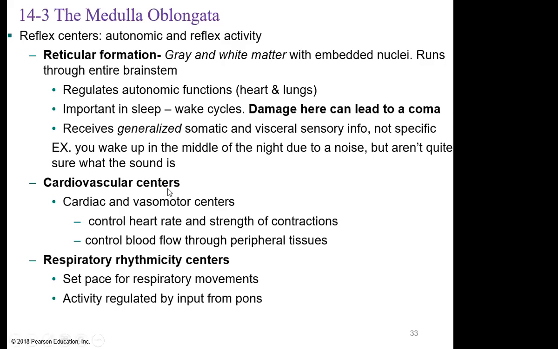So these cardiovascular centers here within the medulla oblongata will help with not only controlling our heart rate and the strength of our heart contractions, but also help control blood to move through the peripheral tissues according to whatever the needs are at the time of the body, whether it is to contract or to dilate. The respiratory centers set the pace for the respiratory movements, and of course their activity will be regulated by the input from the pons because of those 2 centers for respiration that I showed you within the pons.